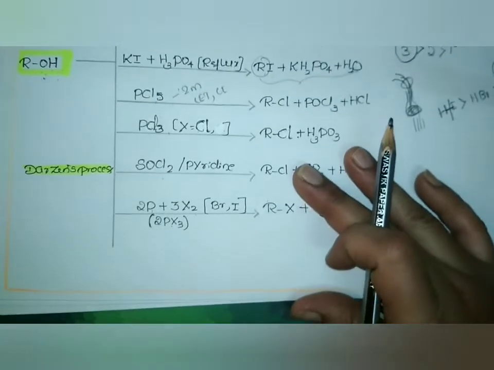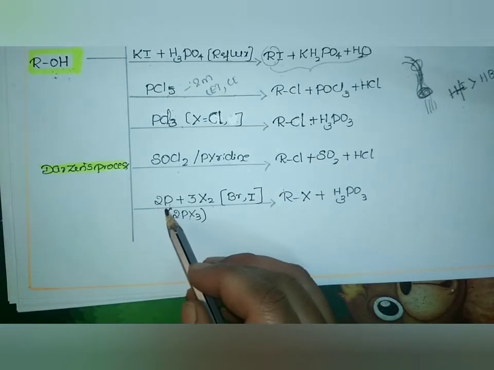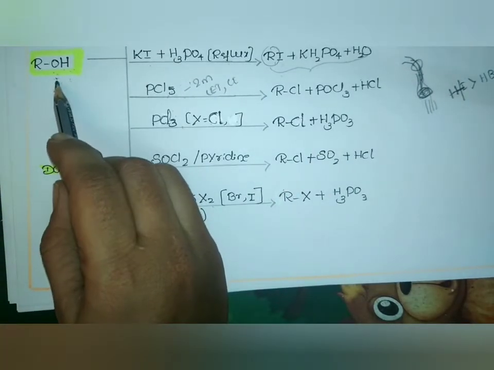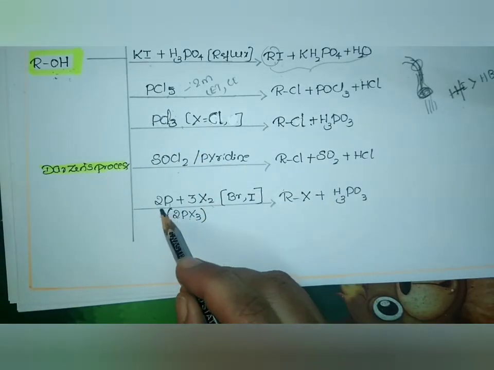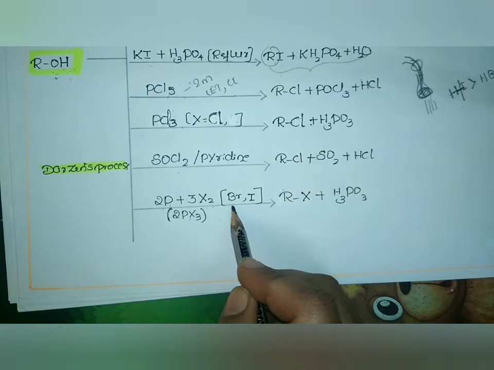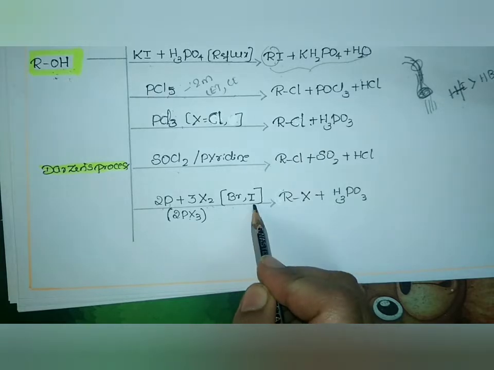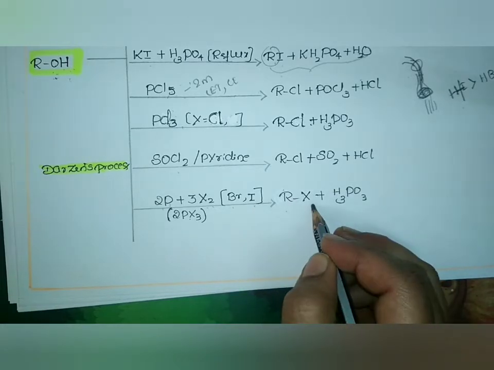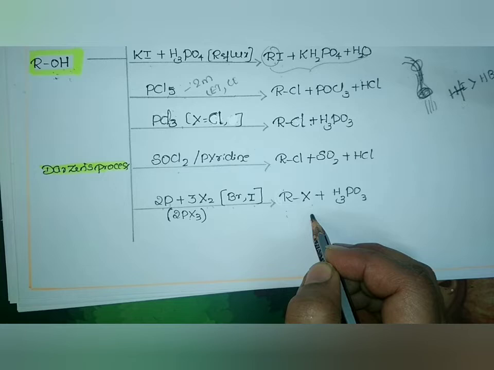So what I can do is treat alcohol with red phosphorus and a halogen like bromine or iodine. That results in the formation of the respective alkyl bromide or alkyl iodide. The same reaction is going to take place.